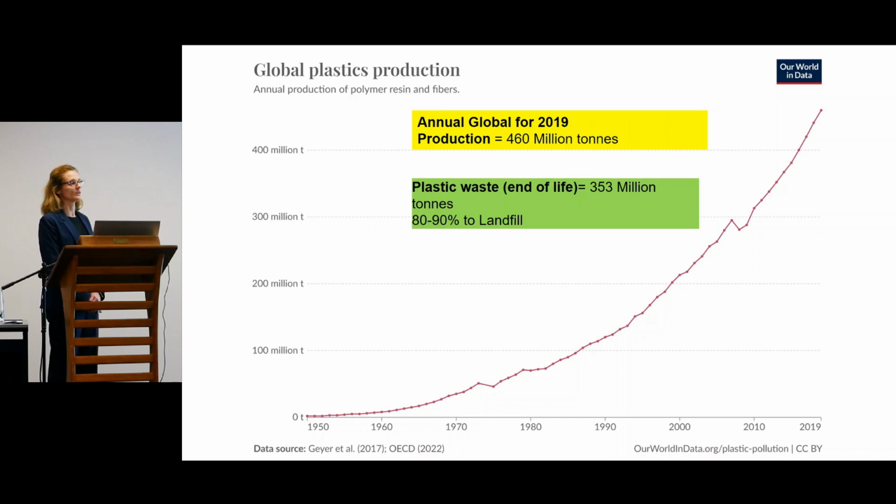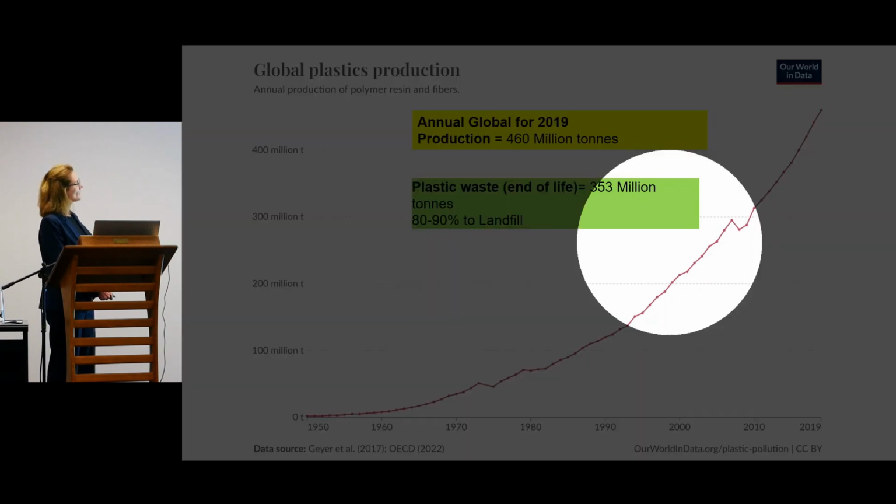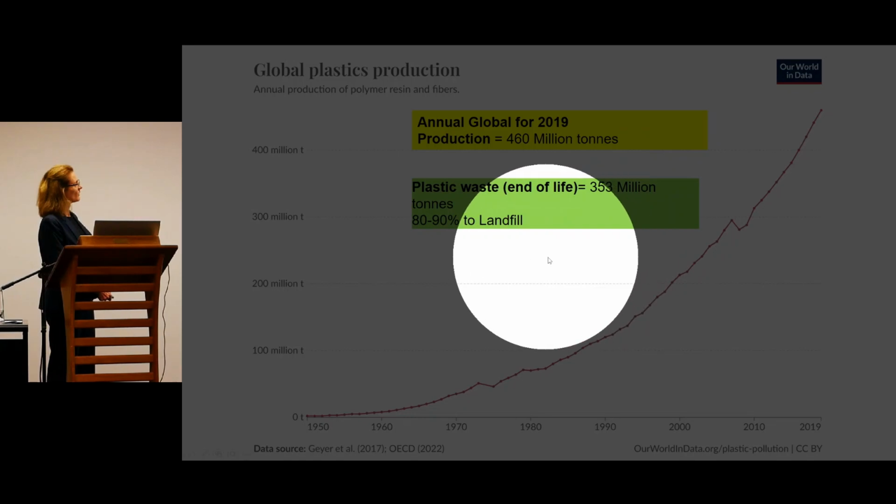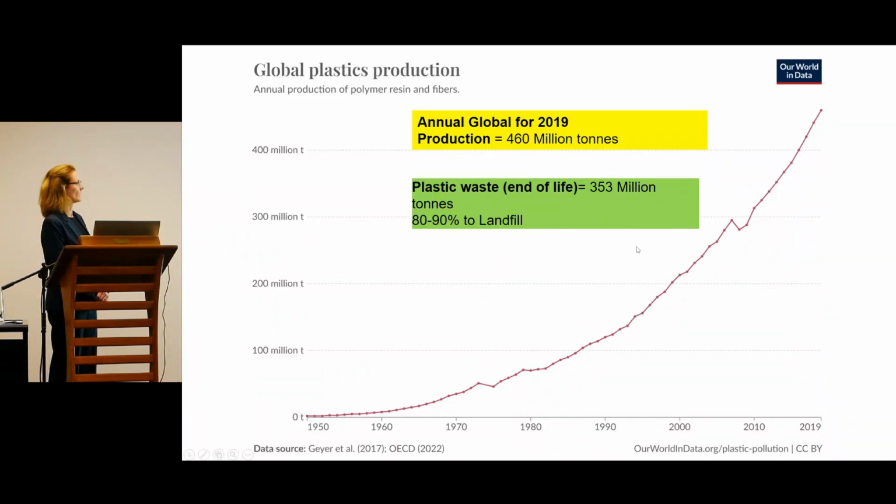Interestingly, plastic is becoming more of a single-use product in packaging, and this is driving the end-of-life production, which is ending up predominantly in landfill, with 80 to 90% of this plastic waste disposed of into landfill.